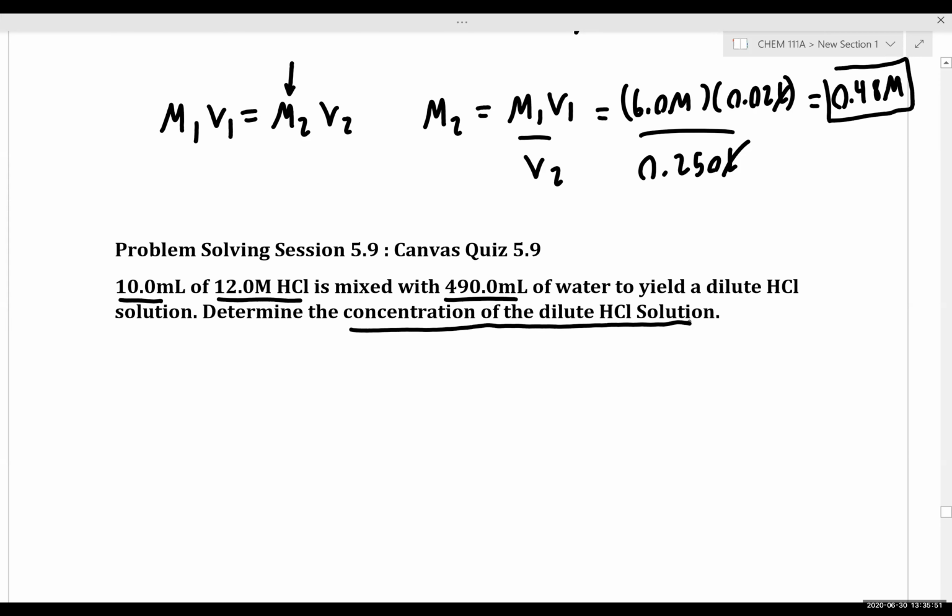Please don't be shy to submit your responses via the chat or ask any questions via the chat or verbally. You can also submit your responses using Canvas Quiz 5.9. We will discuss this example in about 2 minutes.